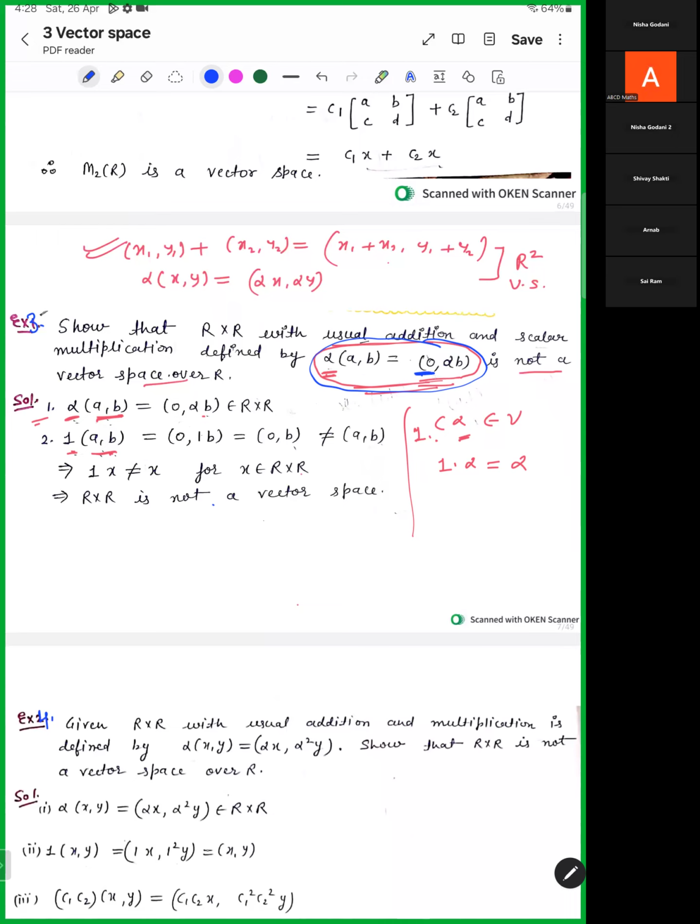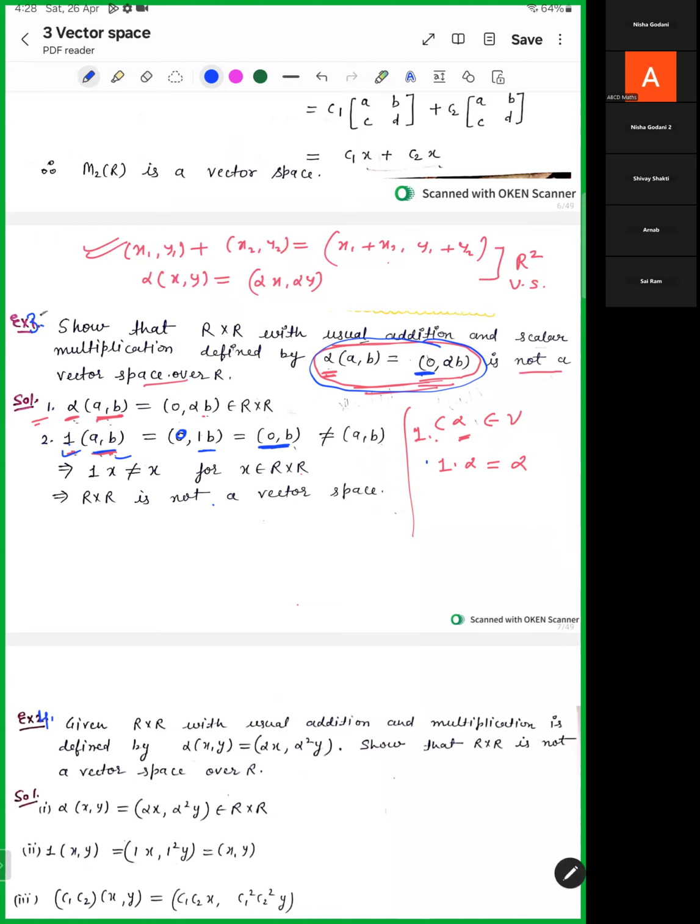So by using this definition, when you multiply by 1 in a comma b, you have the first element 0 and the second element alpha into b, meaning 1 into b, which is b. So this is 0 comma b.